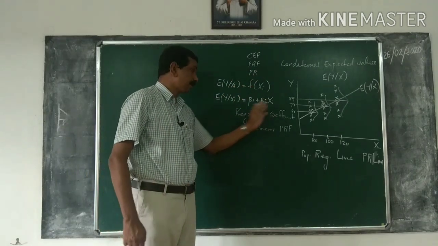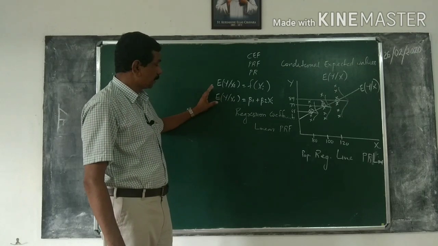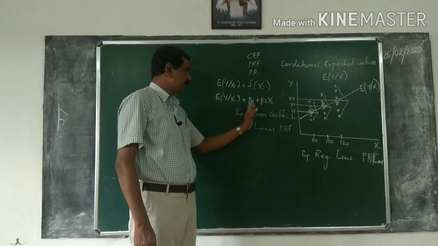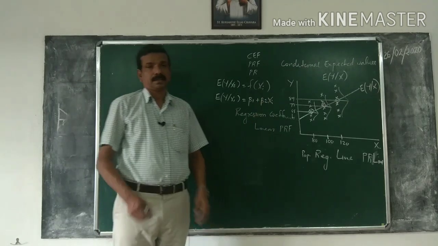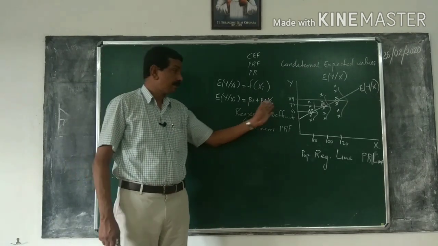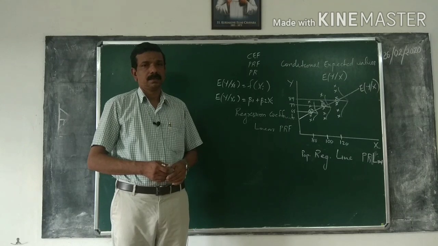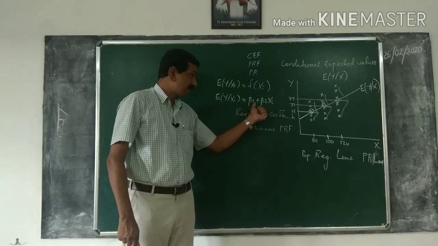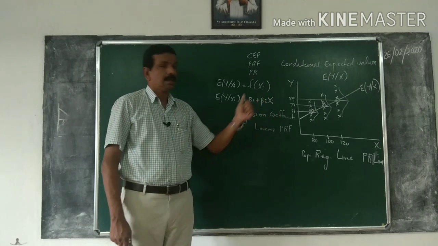In econometrics, our concern is the estimation of beta 1 and beta 2.